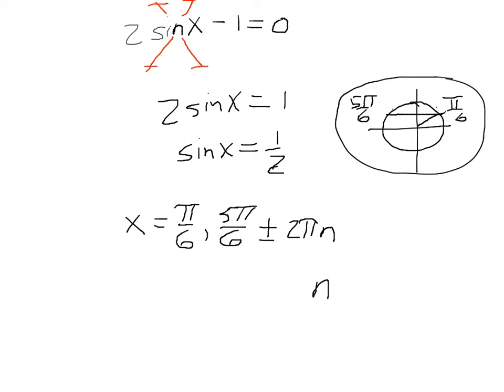And what we need to remember is n equals some integer. This is the general notation that we use in terms of presenting our solutions for trig equations. We list the ones that are in the first cycle of the unit circle, and then we add 2 pi n. And why 2 pi? Because these are periodic functions with a period of 2 pi. The solutions repeat every 2 pi. And so that's the significance of that part of the statement.